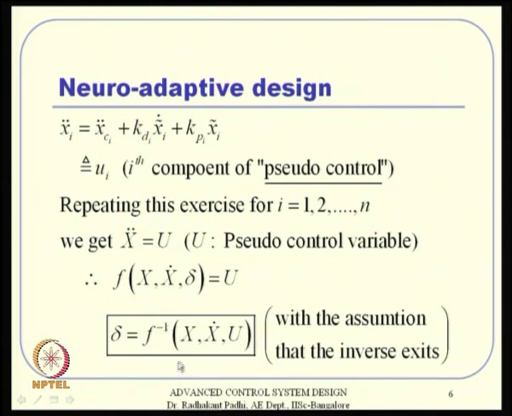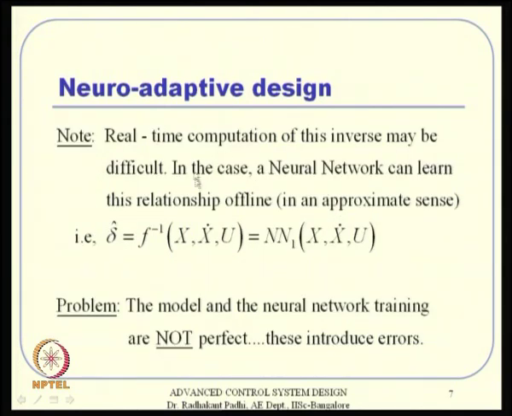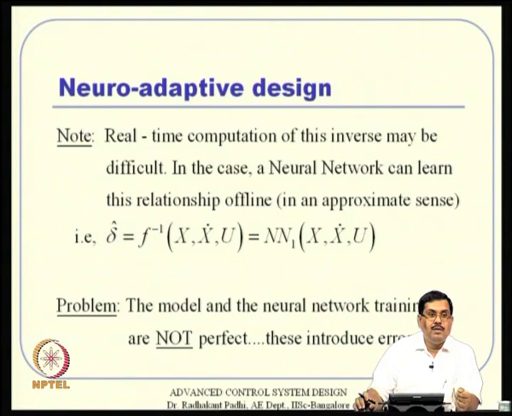In general, if the function is simple, I can talk about doing an inverse symbolically, but let us say that is not possible in general. So, what the authors have proposed here is to use some sort of a neural network to train this inverse function offline. I know where my flight envelope is, so within that flight envelope I will train a neural network.